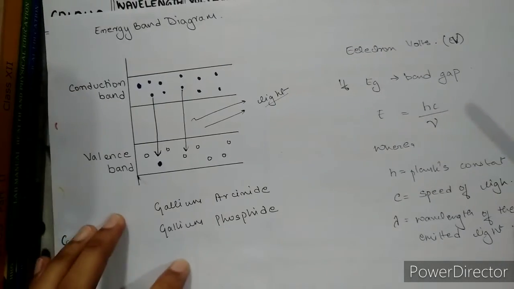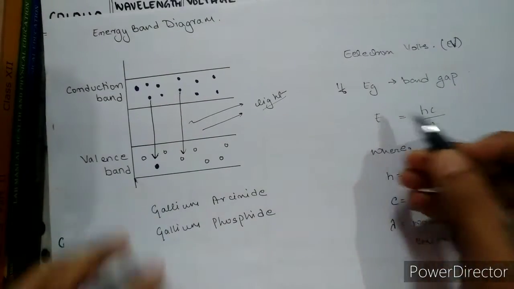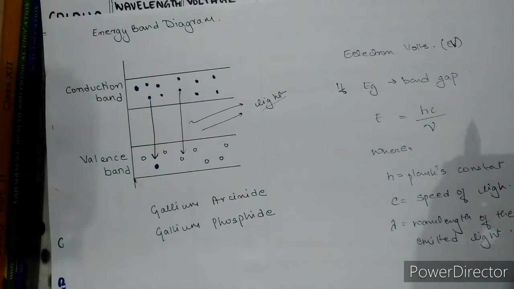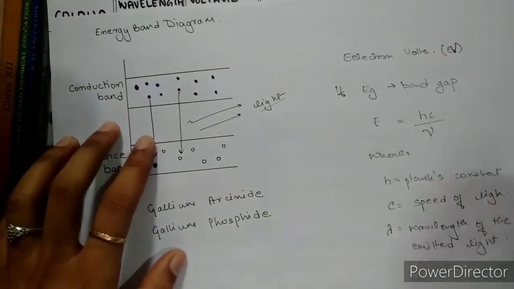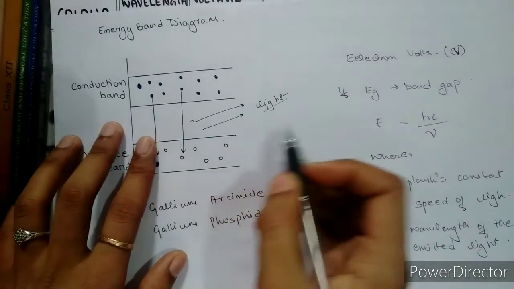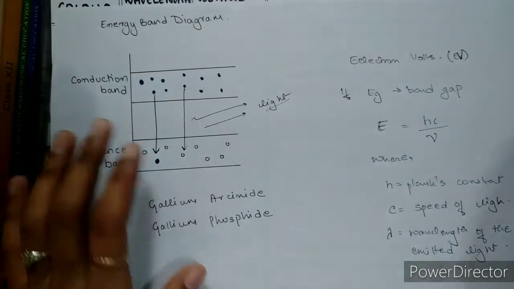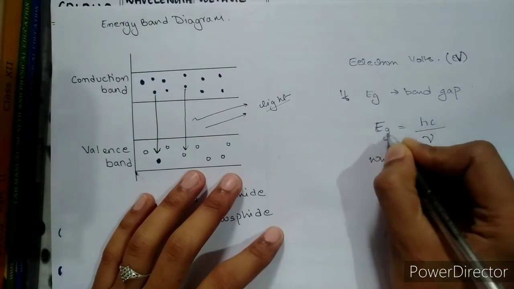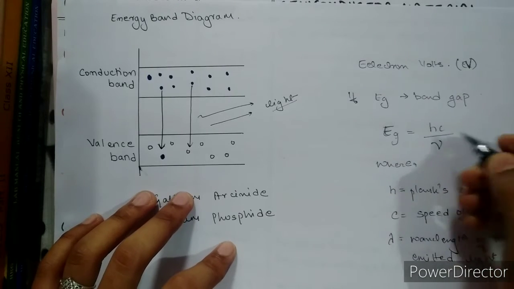I have mentioned that the energy in the band gap, the energy in the form of light emitted, we can calculate by this formula: energy equals hc by lambda.